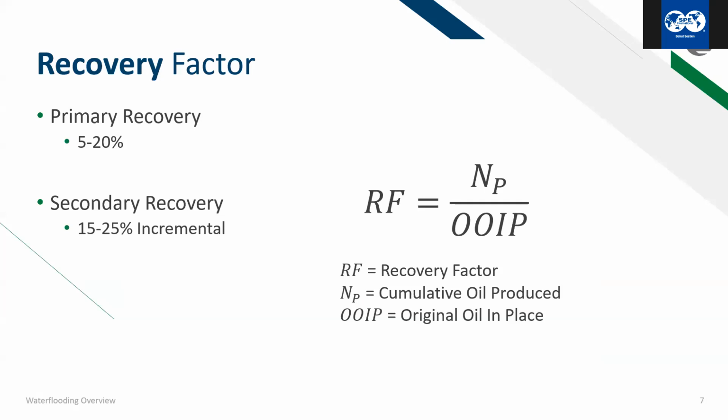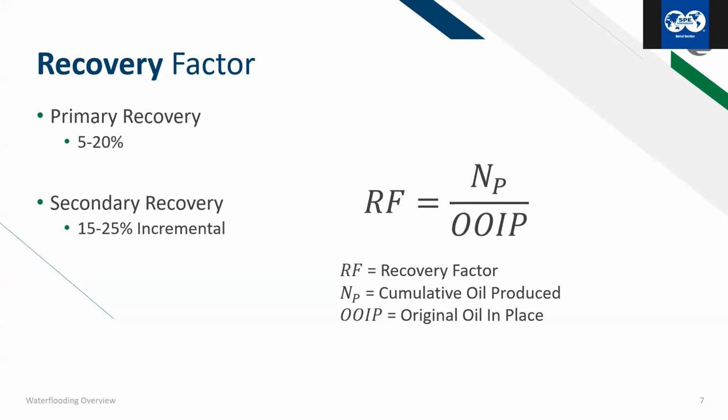But when you compare recovery factors, you need to be aware of where that number is coming from, because not all recovery factors are equal, and you want to make sure you're comparing apples to apples instead of apples to oranges, right? So the most influencing number that could disrupt a comparison of recovery factors is your original oil in place.